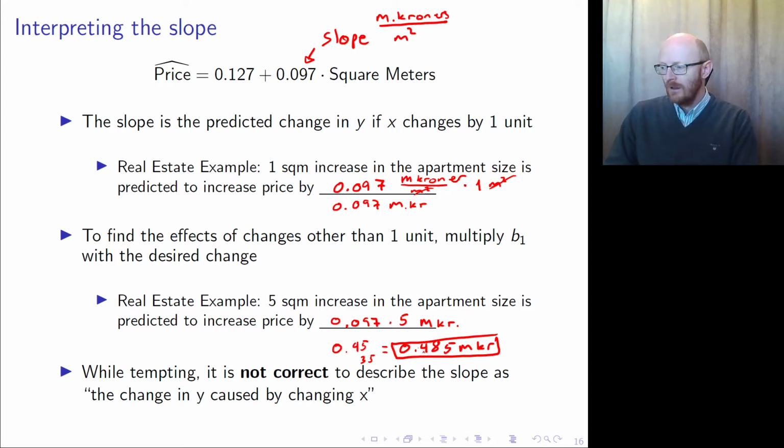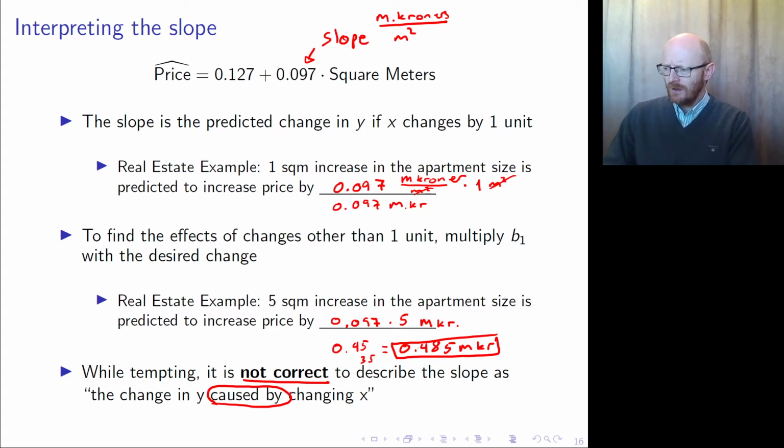Okay, and a word of caution: it's not correct to describe the slope as the change in y caused by changing x, because really you can't change x based on the data.